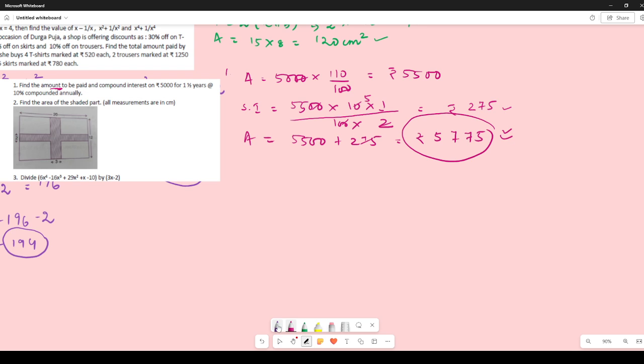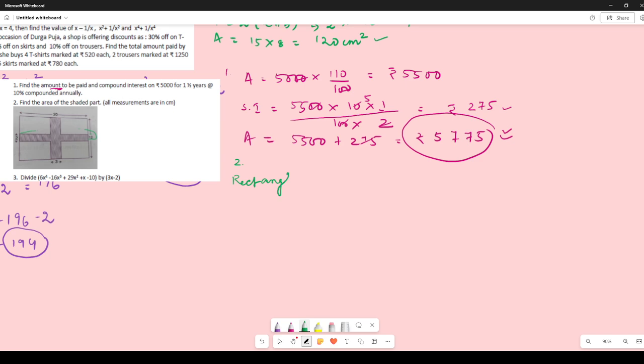Over here what we have is, find the area of the shaded part. All the measurements are in centimeters. So you need to look at this first. So the entire thing is 12 centimeters. So let us look at this part first. This rectangle, let us just think about this rectangle first. So let us call this rectangle A. This is question number 2.